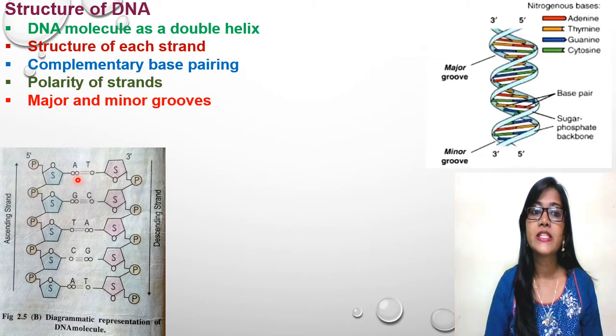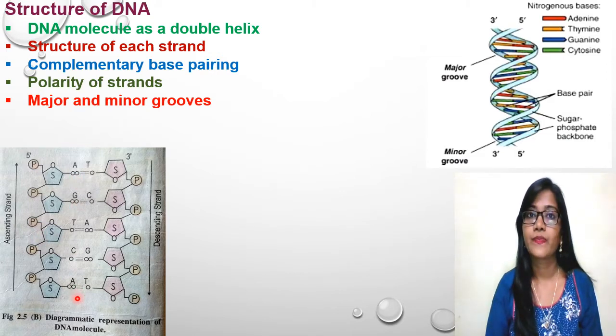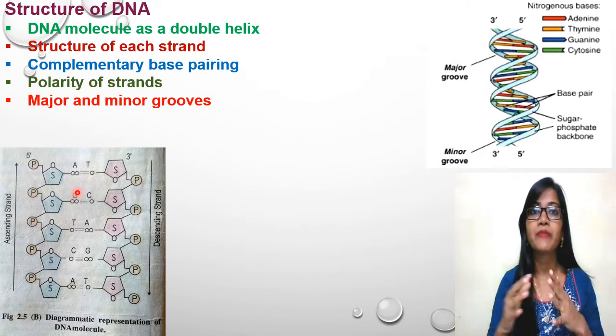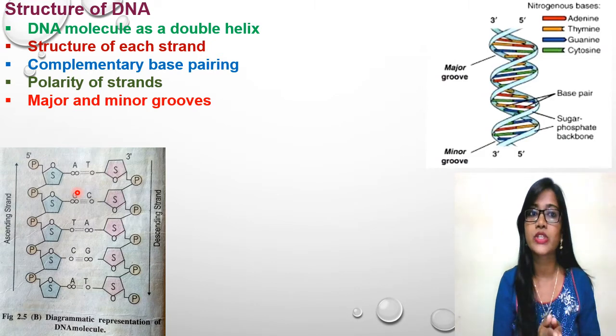Another part is these nitrogen bases. In the ascending strand, observe these nitrogen bases. This is adenine, another is guanine. These are the rings, double ring and single ring. If you remember the structure of purine and pyrimidine bases, they are single ring and double ring compounds, and they are denoted by this.